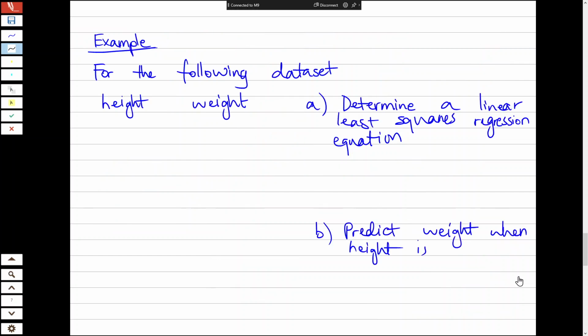So here we go. I need to make up some data again. For this one, you'll want to get your CAS calculators out because we will put this data into a spreadsheet.